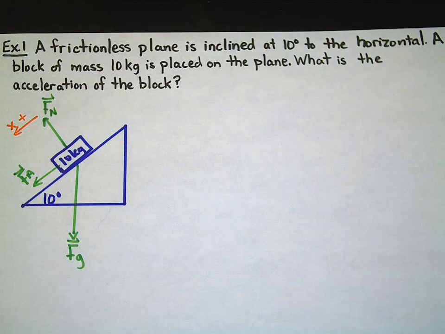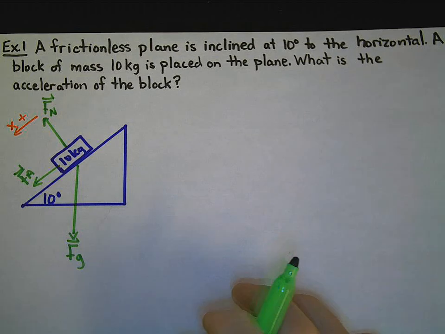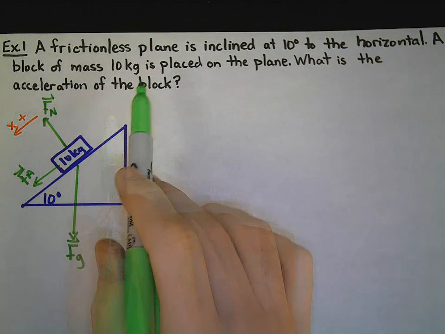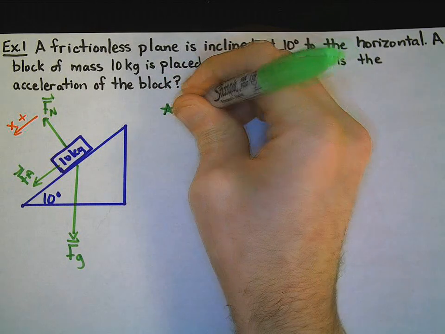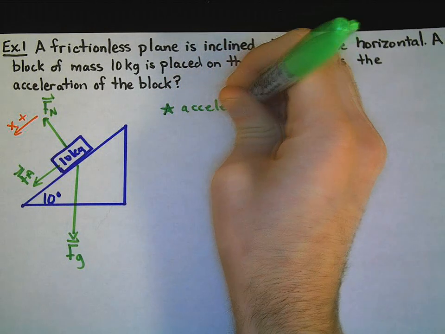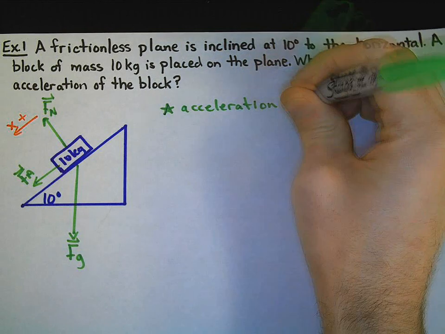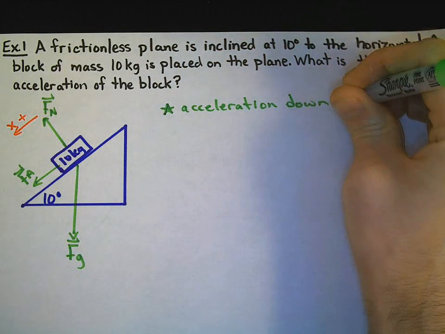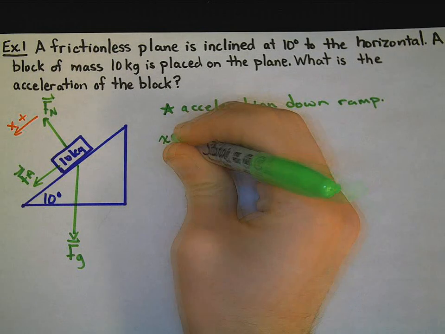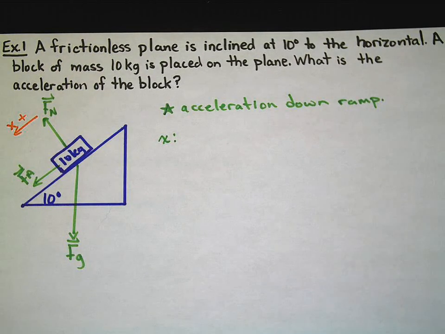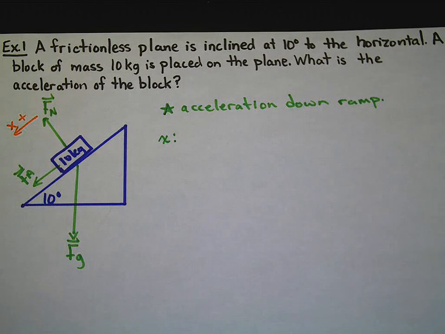We must define that. Well, if we're looking for the acceleration down the ramp, since we're looking at acceleration down the ramp, all we're concerned about is our x direction. We don't need to worry about the y direction in this case.